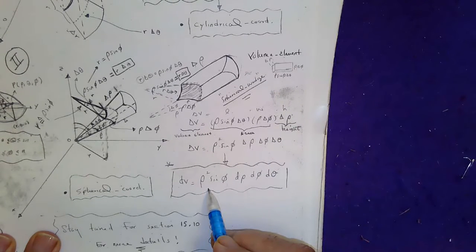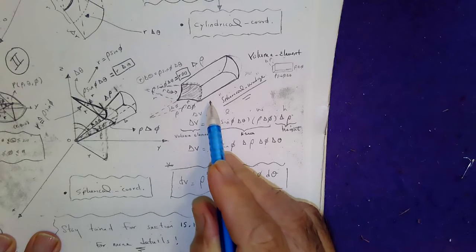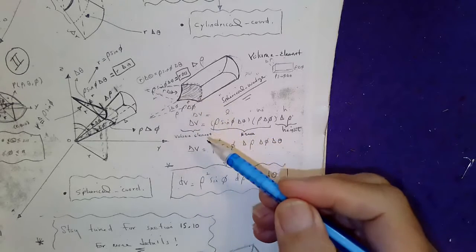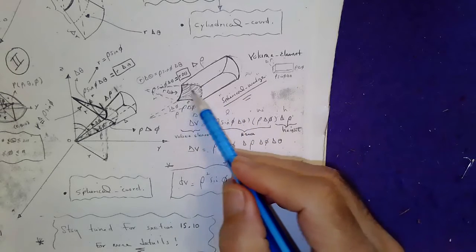That's basically where the volume element for spherical coordinates comes from. So it comes from this piece of watermelon, or sphere. You have to have two cuts, one from top to bottom, one from sideways.